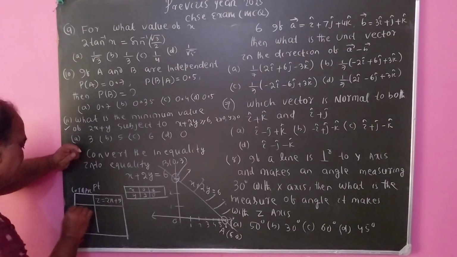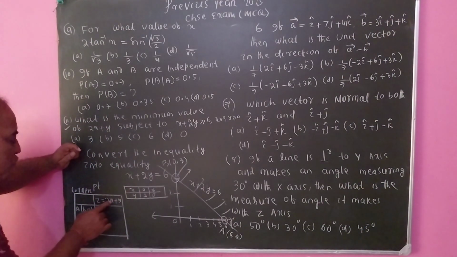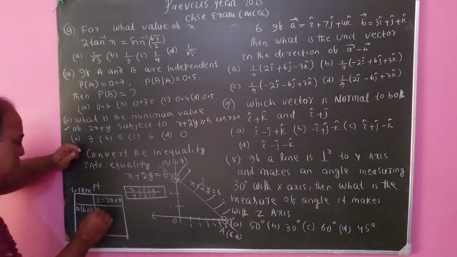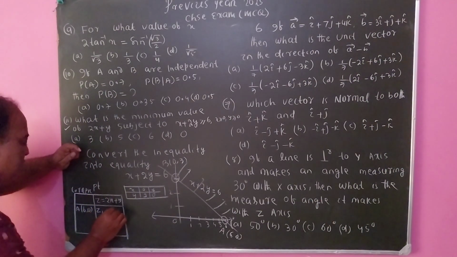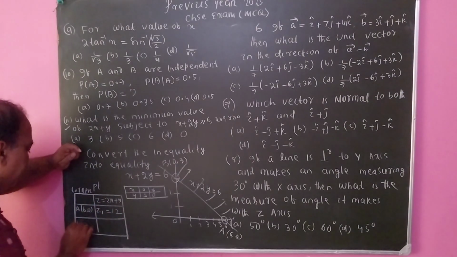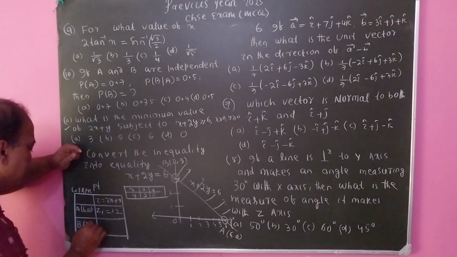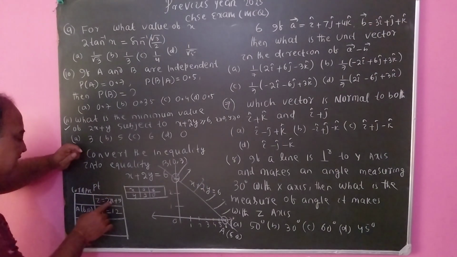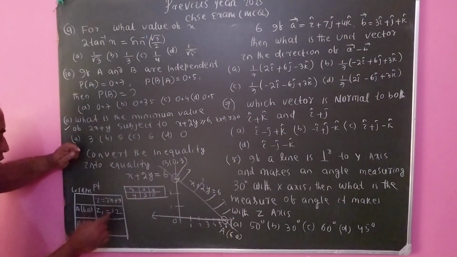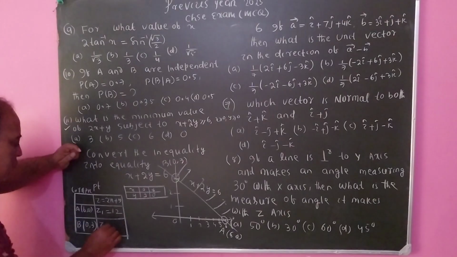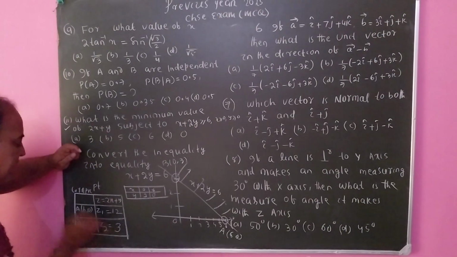For A (6, 0), put x is 6, y is 0, so Z1 is 12. For B (0, 3), put x equal to 0, y equal to 3, so Z2 is equal to 3.